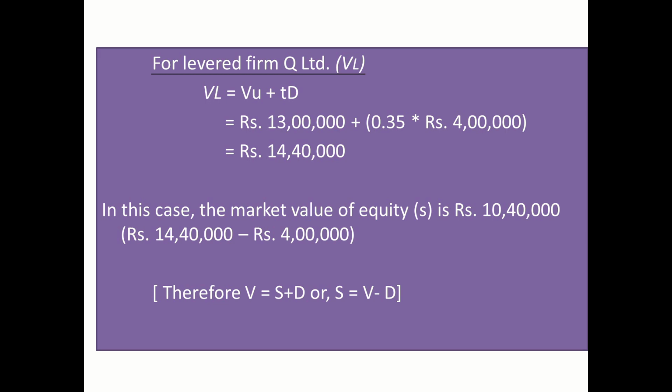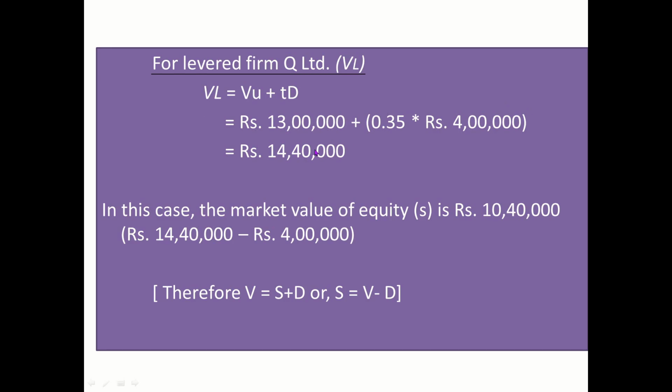Now we are coming to the valuation of the levered firm. The levered firm is valued as the value of the unlevered firm plus T into D. T is your tax rate, D is your value of debt, VU is your value of unlevered firm. So the value of unlevered firm we have determined, that is 13 lakh, plus the tax rate 0.35 into debt, that is 4 lakh.